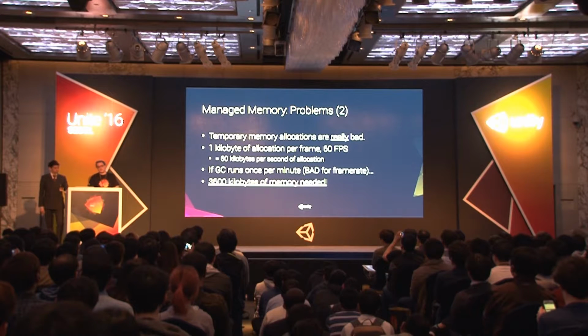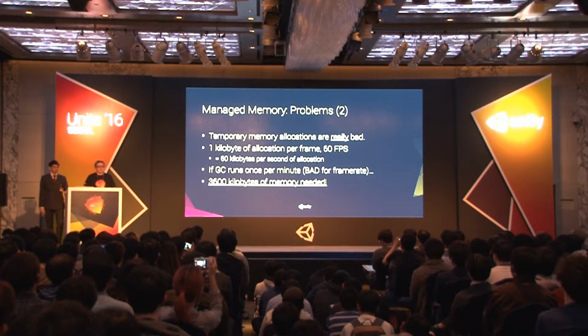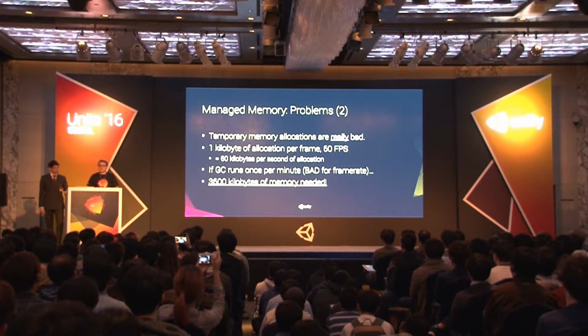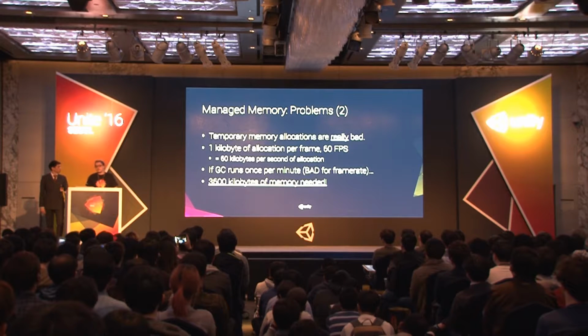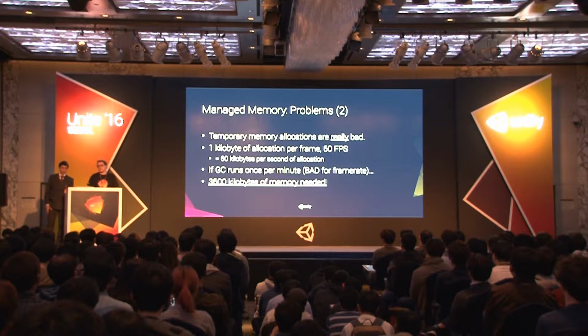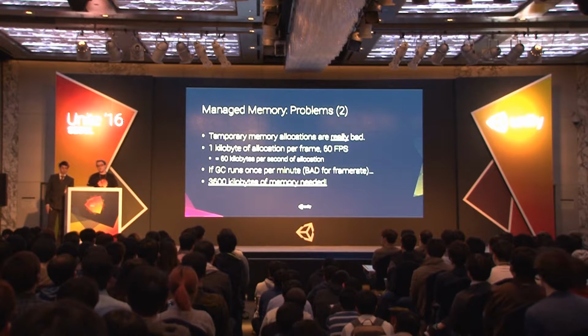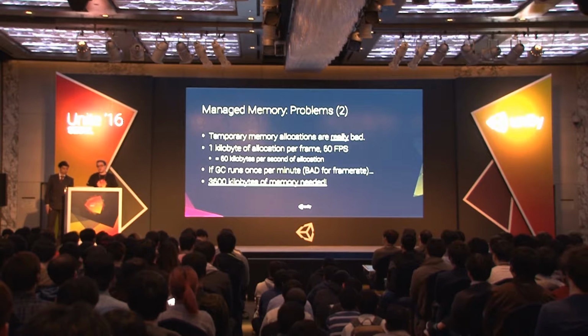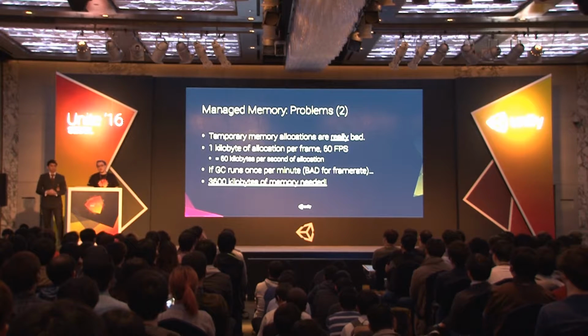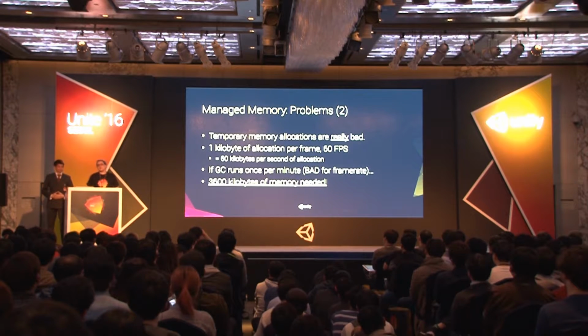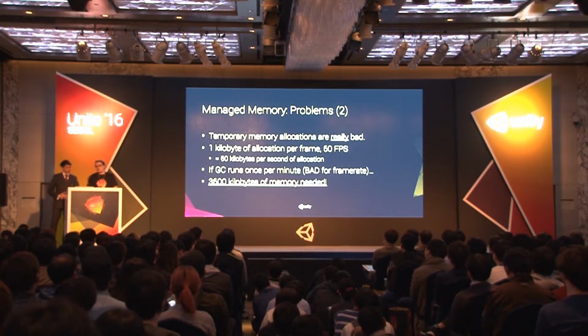And let's take a very simple example. So, your scripts are allocating 1 kilobyte of memory every frame. Over 60 frames, that's 60 kilobytes a second. And over 1 minute, that's 3.6 megabytes. Now, consider this. The garbage collector will only ever run as the managed heap is running out of space, unless you're manually triggering it.